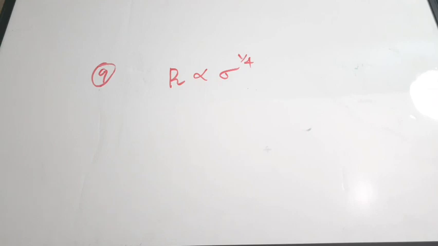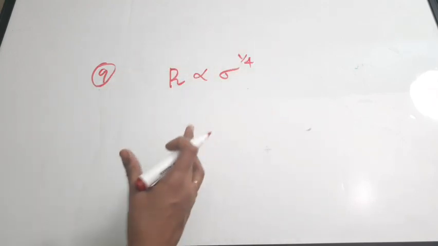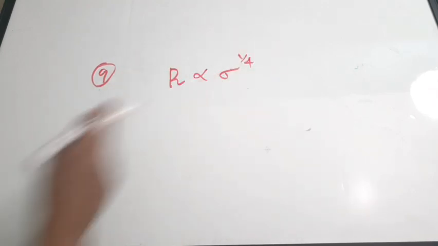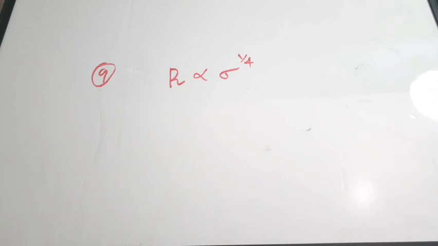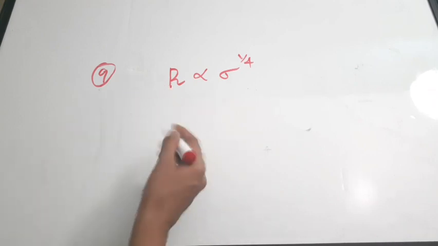I'm really hoping that you have noted the radar range equation. I have already written it multiple times in the same video. So just take the relation simply. R is proportional to sigma raised to 1 by 4. Now, I'll read out the question for you. The target has a radar cross section of 10 meters square at R by 2.